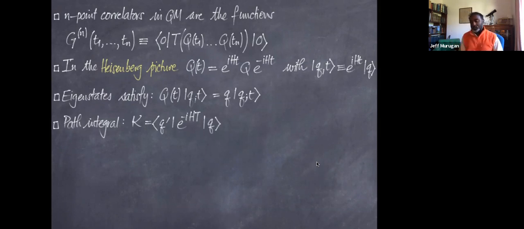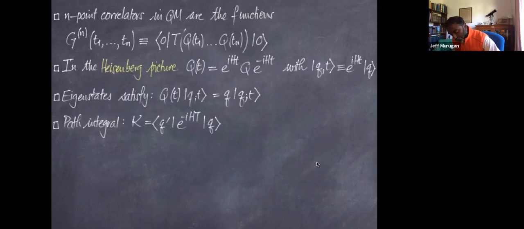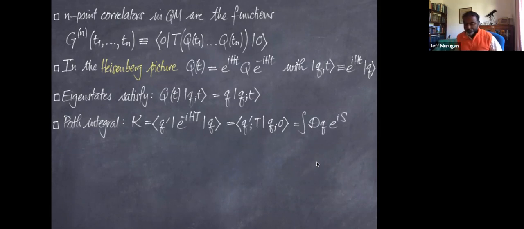And then project it into the final state Q prime. And this is what we would call <q', T | q, 0>. And this is what we were denoting by the integral over all paths of Dq e to the iS. Okay. So let's do an example and see how to think about these correlation functions with time ordering operators and things in terms of path integrals.